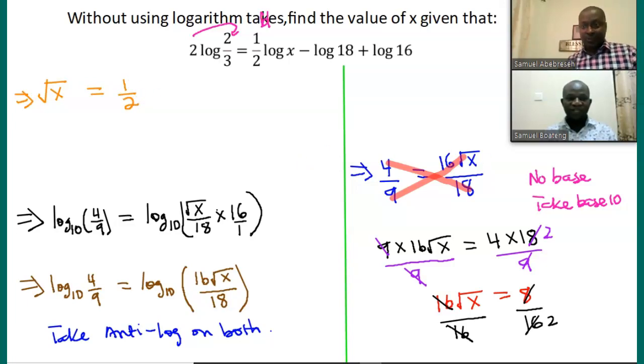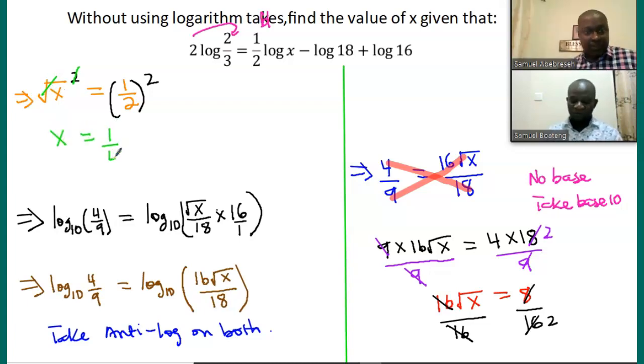We want to find x. So we square both sides to get our x, so that we have x equal to 1 on 4. There, that is your answer.